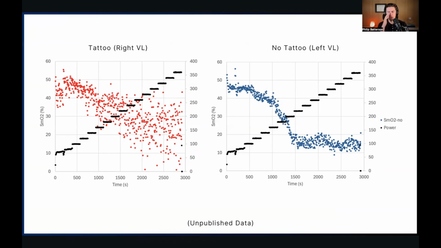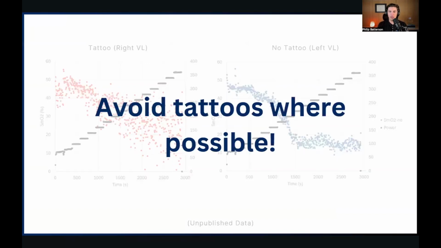It should be noted that this tattoo had a lot of colors on it, specifically red, and I think that contributed to some of the noisiness in the data. The red tattoo pigment was probably absorbing some of the light and potentially interfering with what was coming back. So avoid tattoos where possible, or confirm that the tattoo is not interfering with the signal that you are getting.